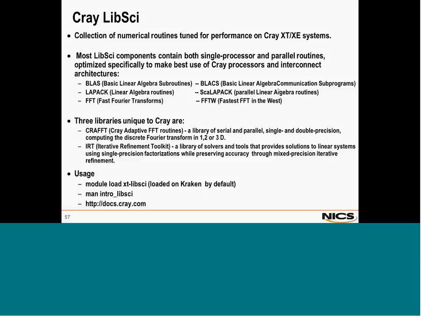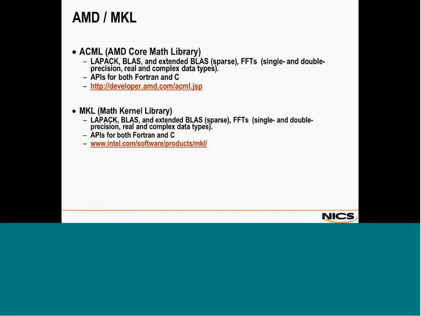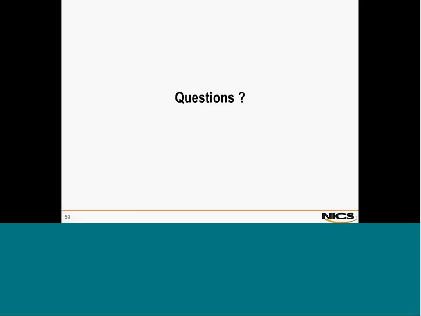So Cray has done all this work to tune it to their machines, and it also has its own FFT, and the FFTW provided by Cray is a different thing from Cray FFT, so maybe see which one performs better. MKL is also available on our machines and it also provides similar routines.